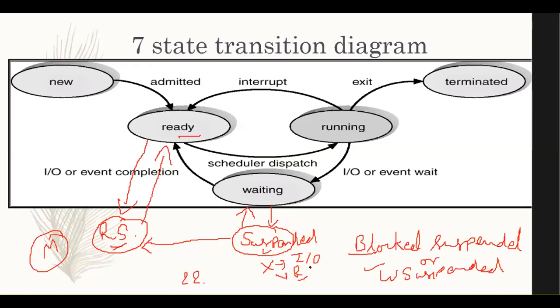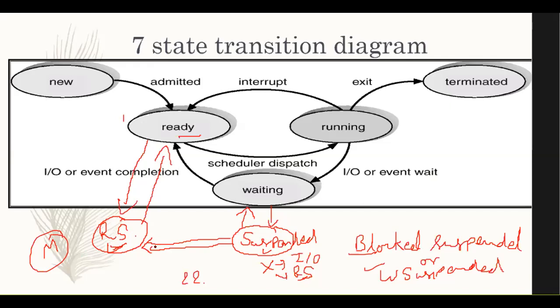It will go to ready suspended, because ready suspended holds only those processes which are right now ready for execution. That is the clear definition of ready suspended: it holds all processes which are ready for execution, and just because of lack of memory, they are in this state.